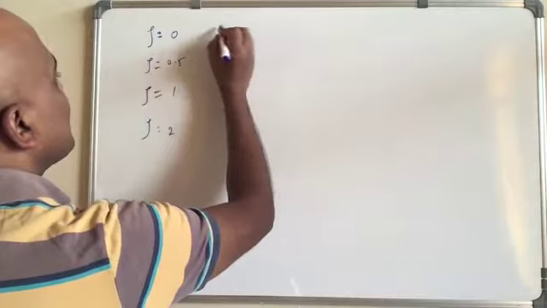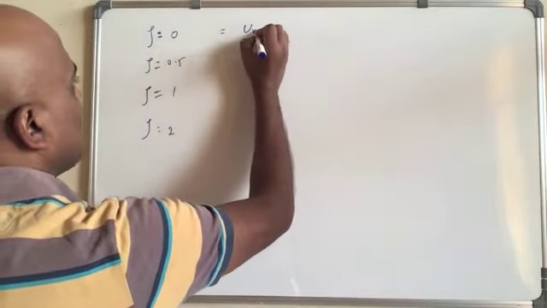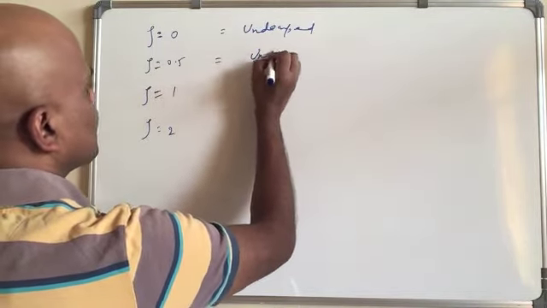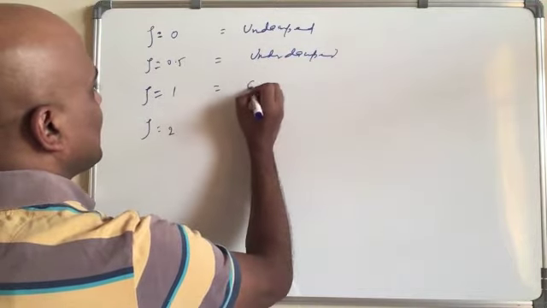And then you have to say which one is which. So zeta equal to 0 is undamped, right? There is no damping. This will be underdamped. This will be critically damped.